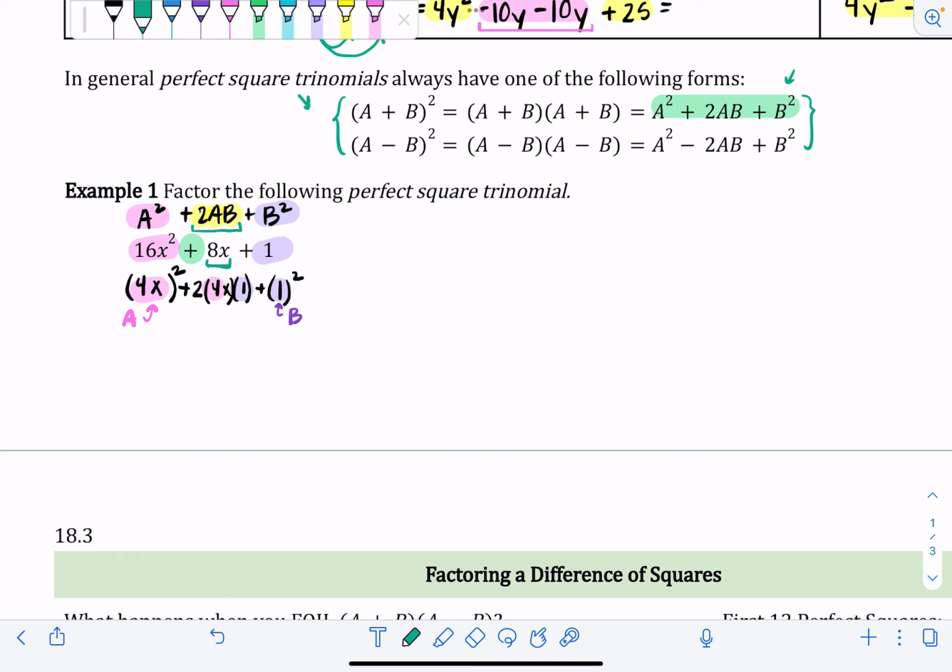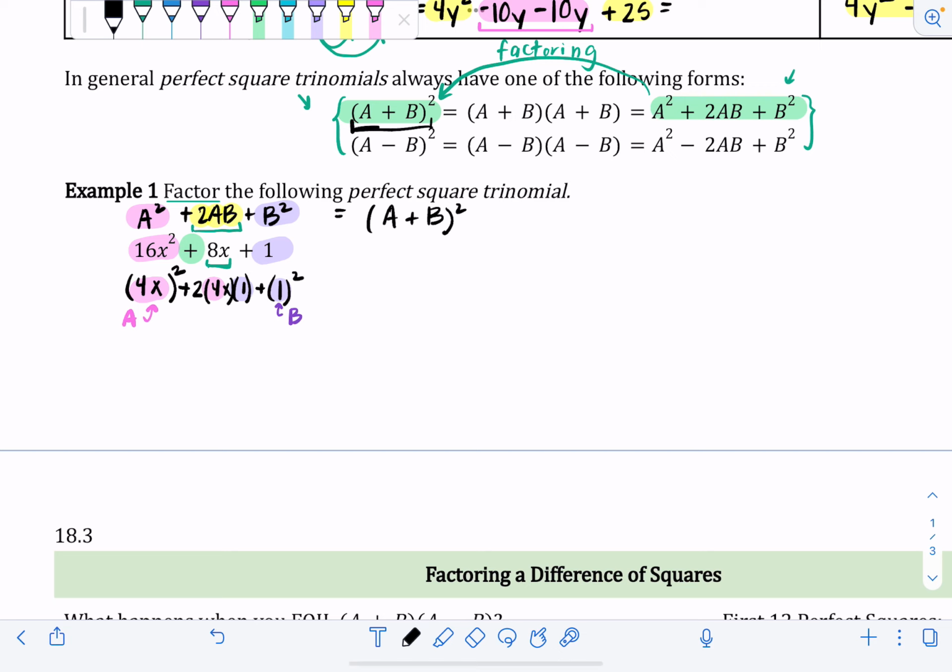Okay, so that was a ton of work, but now that we did that work, it's quick. Okay, so this is where we go from the right side of our formulas, all the way from here over here. Going from the right side to the left side, that's factoring, and that's what this problem is telling us to do. It says factor the following. So I'm going to put the other side of the formula right here because these are equal to each other. So equals (a plus b) squared.